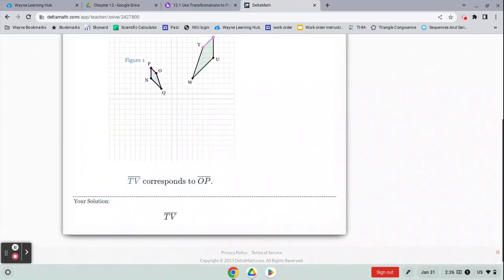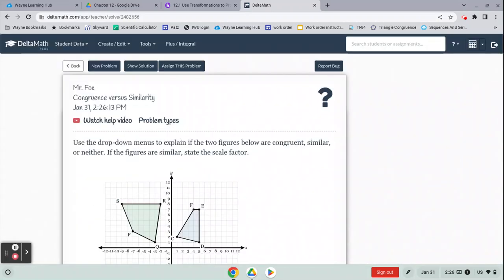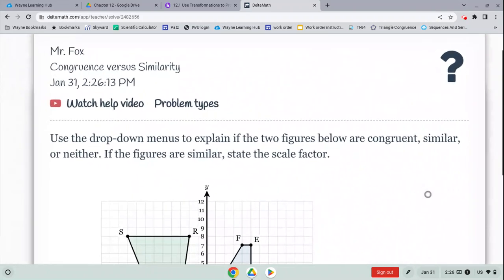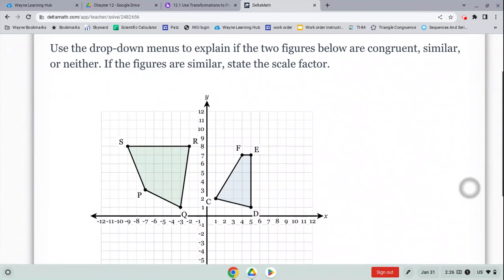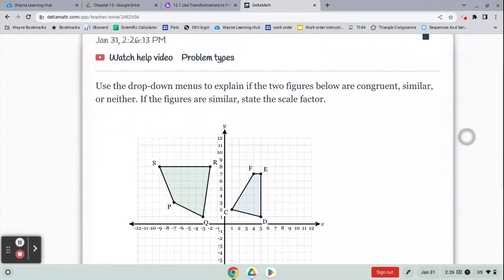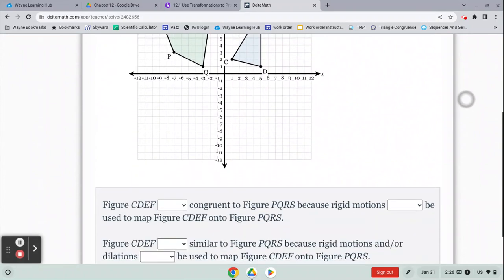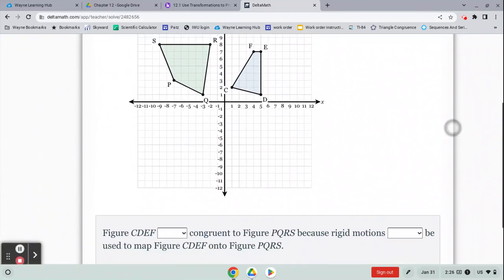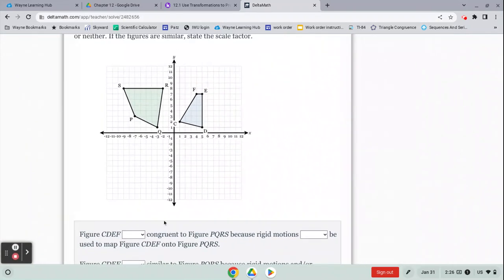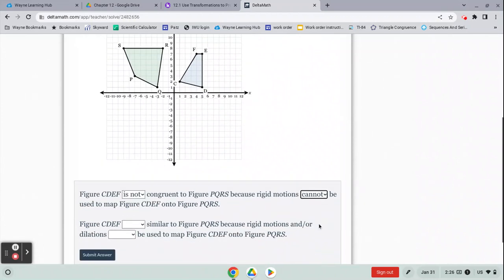Now, there's one more type. The last type of question is comparing congruence versus similarity. Once again, we're going to use drop-down menus here. We are trying to decide, are these two similar or congruent? So CDEF, which is over here, is not congruent. You can clearly see they are not the same size, so rigid motion cannot be used. Now the question is, are they proportional?